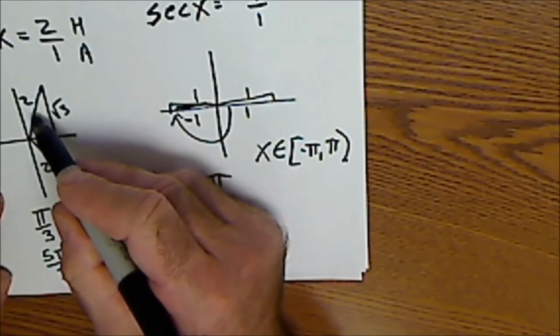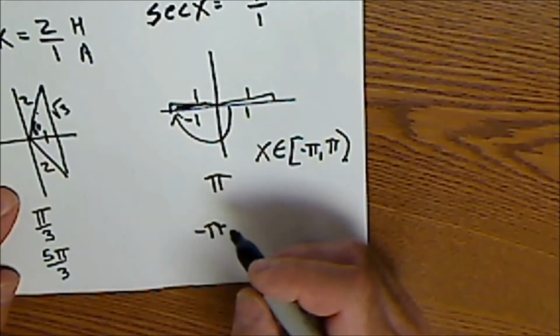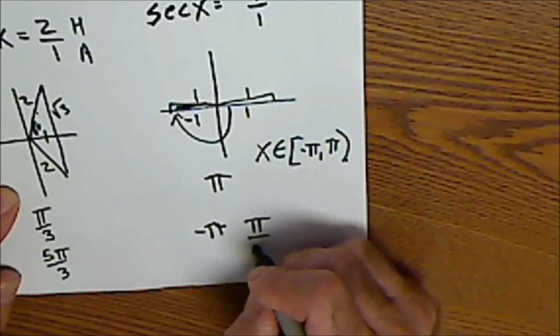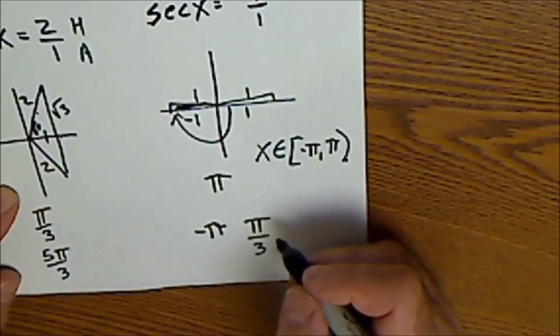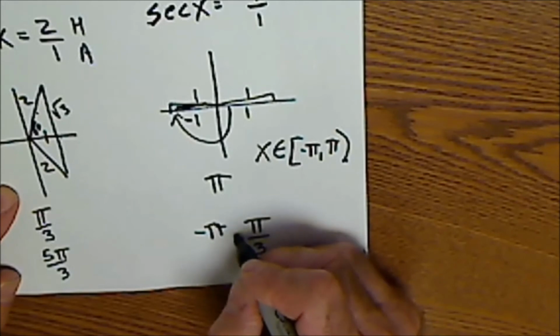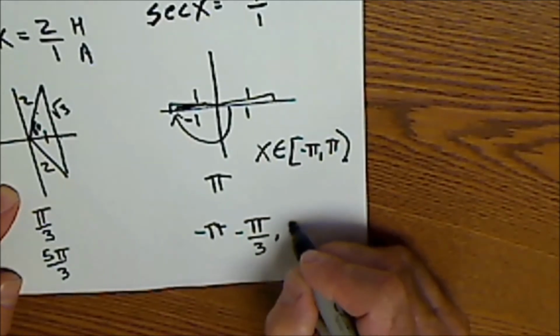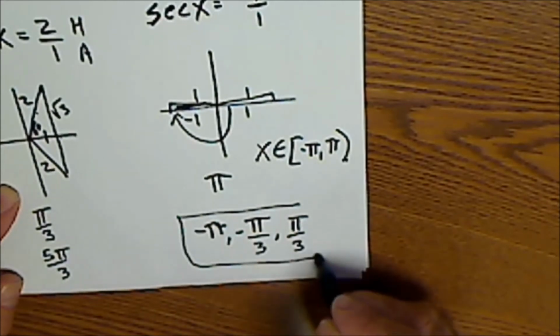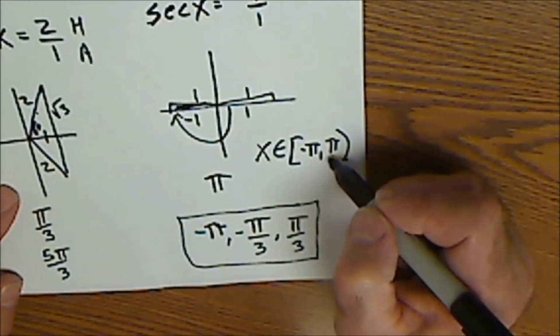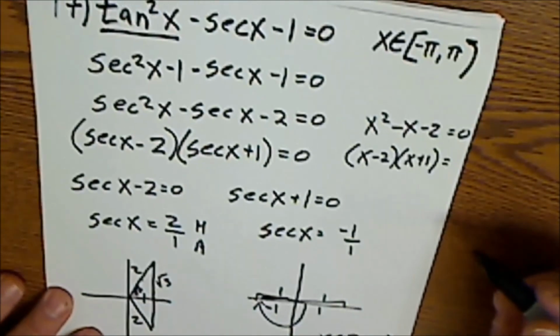Over here, I could go pi over 3, that'll work, and also negative pi over 3 would work. So we're actually going to put these in order: negative pi over 3, pi over 3, negative pi. So there's my solution given that domain. That was number 17.